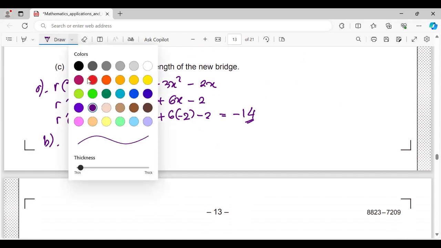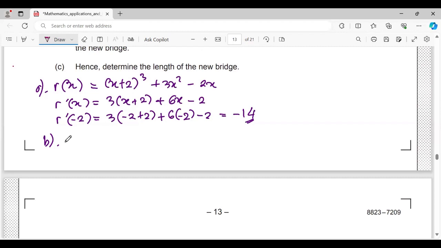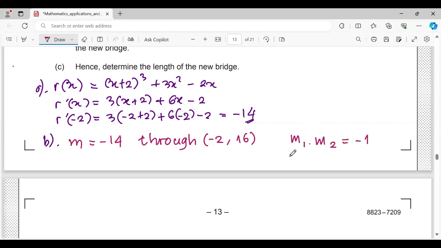So m equals -14, this is the gradient of the tangent, and the normal line goes through -2 and 16, through H. Because they are perpendicular, if you multiply the gradients, it becomes -1.